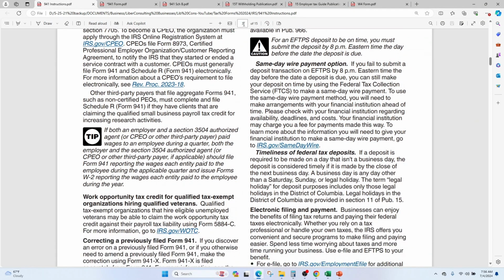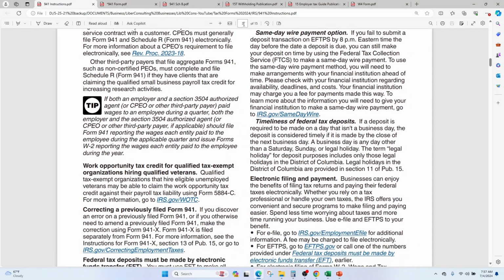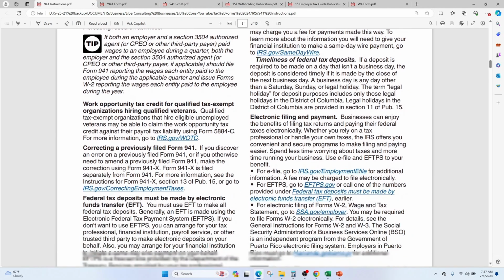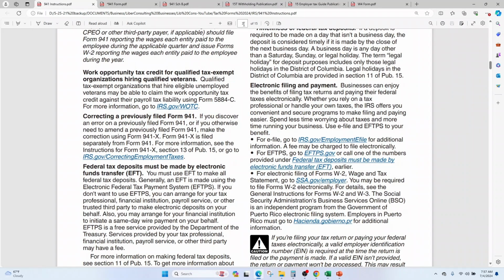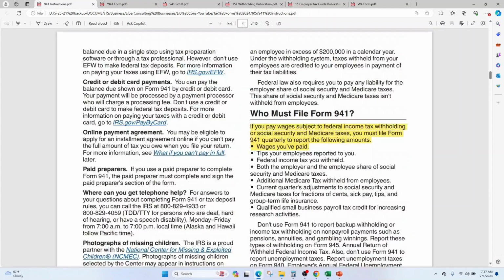And if you do not have an EFTPS account, you might want to create one with the IRS so that you can make your deposit.